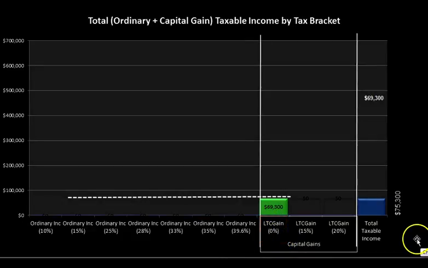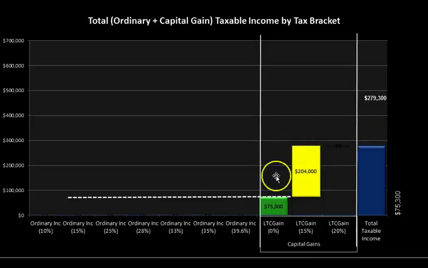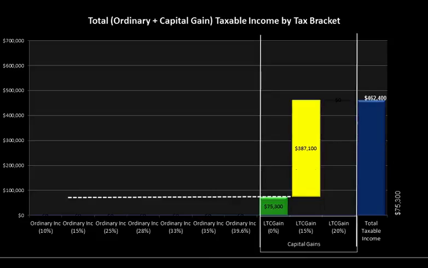But as they incur more capital gain income, we see that that gets taxed at a higher rate. Now this is being taxed at 15%. And with more income, it continues to fill up the 15% tax rate, and more income, and more income.